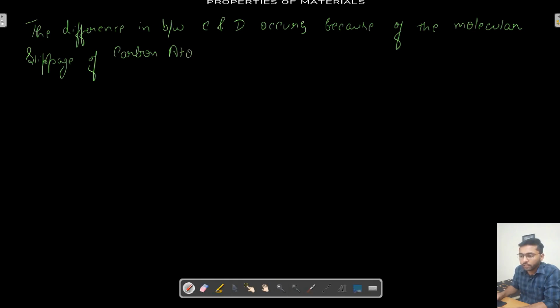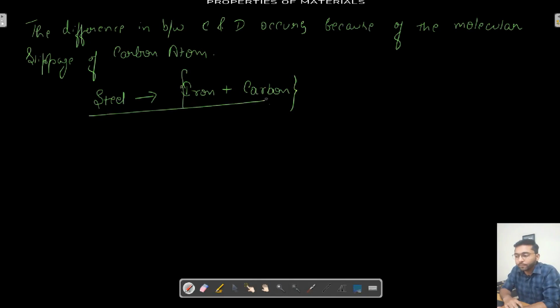We know that steel is built up of iron and some sort of carbon is also added. With the varying percentage of carbon, the strength, the ductility, the elasticity, the malleability, all of these properties are affected.